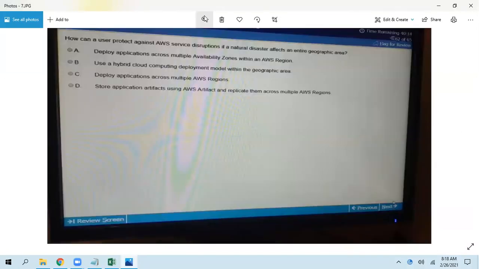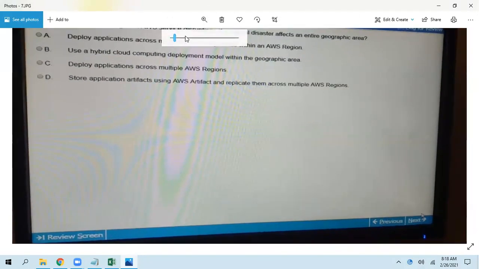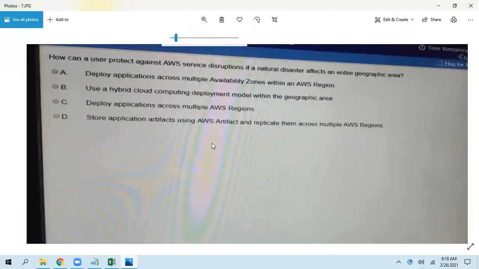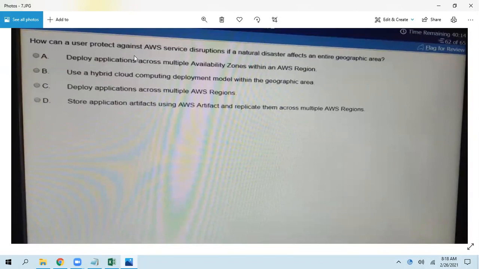Okay, this is something related to global infrastructure. How can a user protect against service disruptions if a natural disaster affects an entire geographic area? Answer C. Yes, an entire geographic area. A geographic area is nothing but a region.